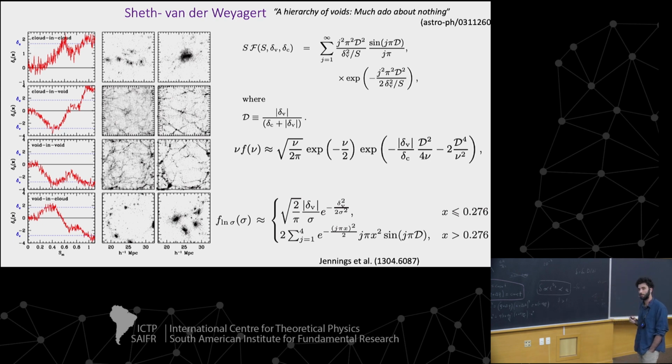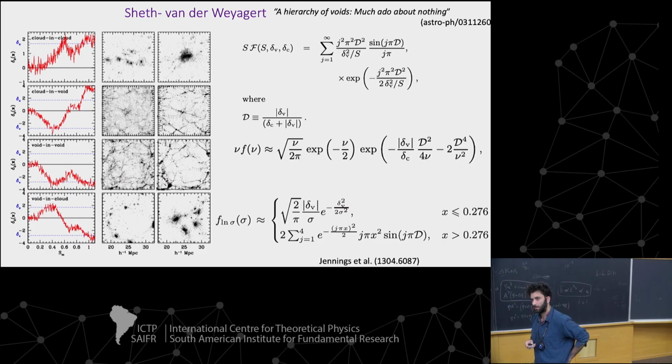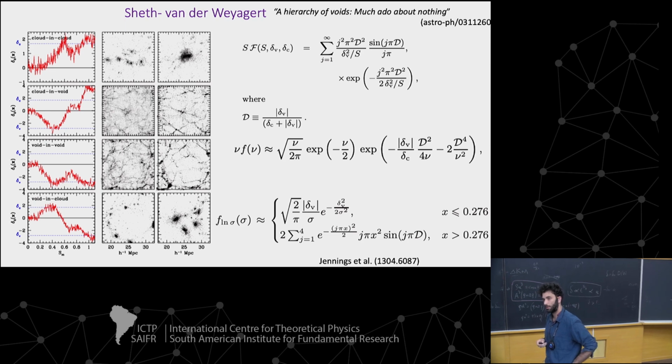Yeah, the reason I'm asking is that people that work in cosmic web refer to voids, walls, filaments, and clusters. There are characteristic distances between those, right?